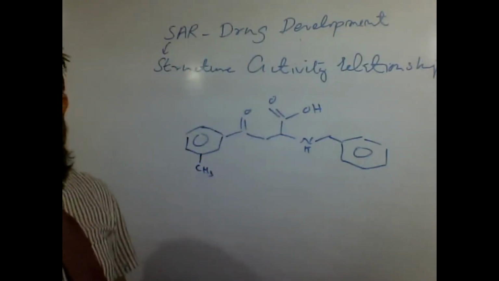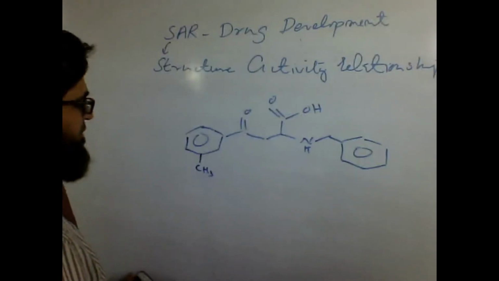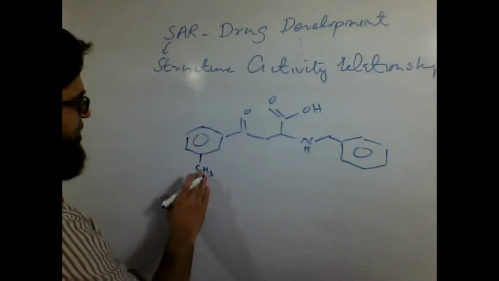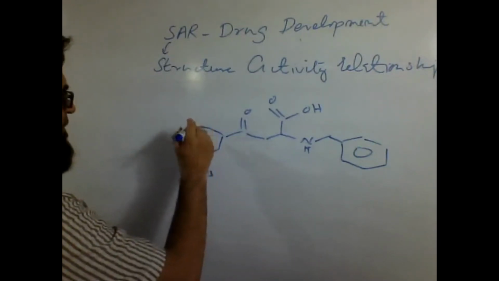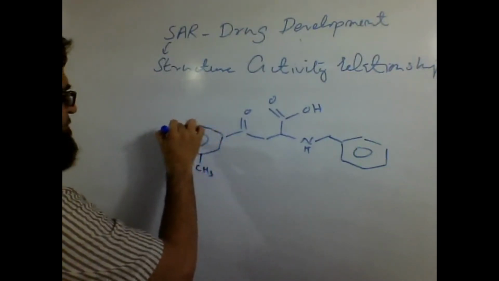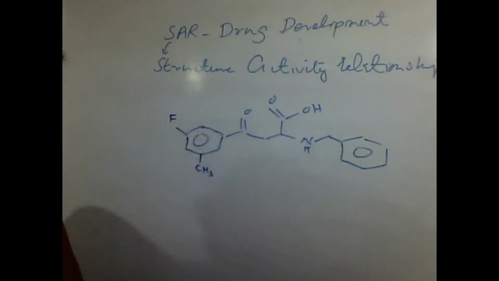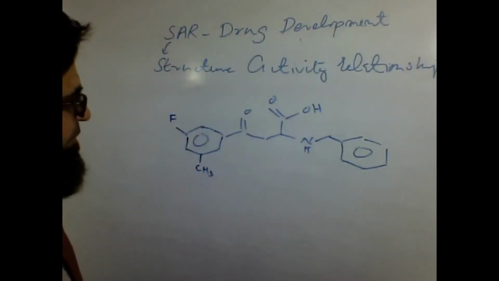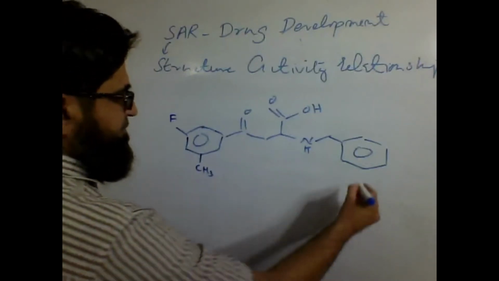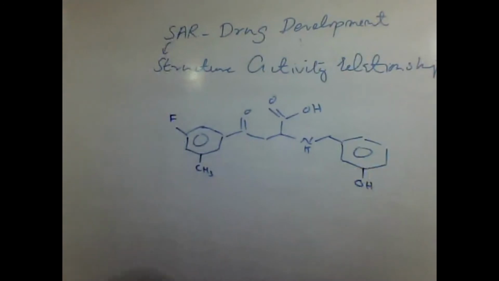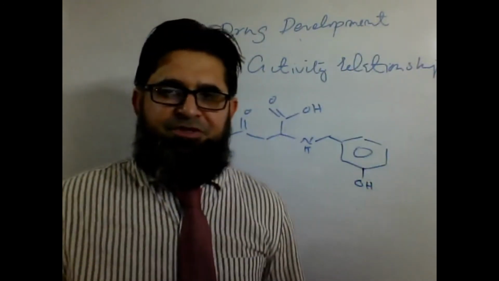Okay. In the next step, we could introduce, let's say, this sort of compound. It also carries a hydroxyl group as well. So we could introduce a halogen atom there.